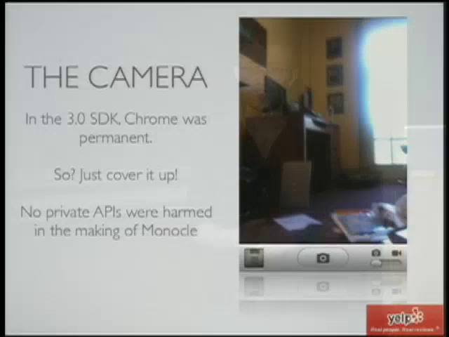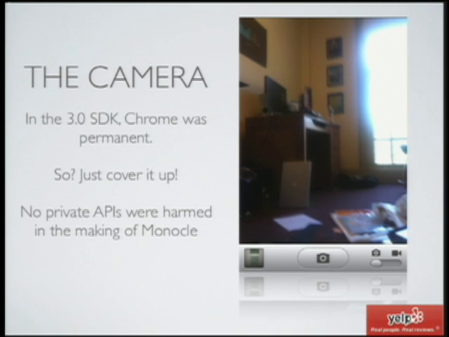Now, the only controversial part of this was the camera. And if you were developing iPhone stuff 6 months ago, there was a lot of controversy over getting access to the camera. So the problem was that you could get access to the camera, but you always had this hey, take a picture button on the bottom. And a lot of people had used private APIs to crawl into the view hierarchy and hide that.